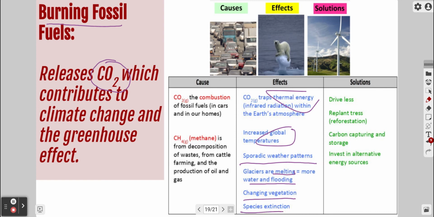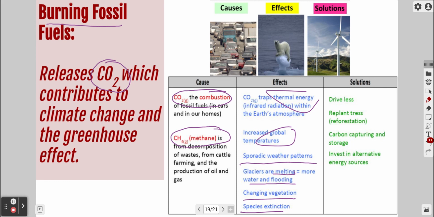Some of the solutions depend on whether we want to burn carbon or methane. If we're burning methane, we can still get carbon dioxide being formed as well.